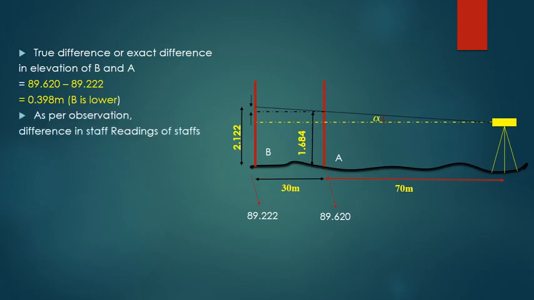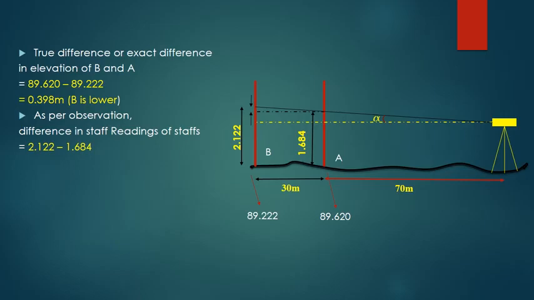Now as per observation, the difference in the staff readings, as given in the question, is 2.122 minus 1.684: you just take the difference between the staff reading at B and the staff reading at A.